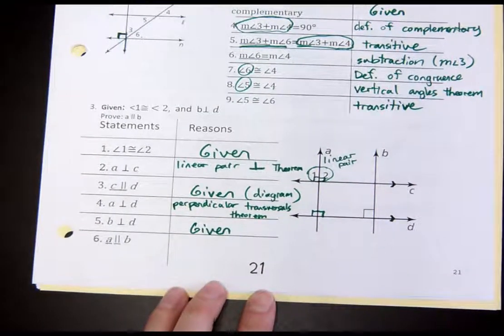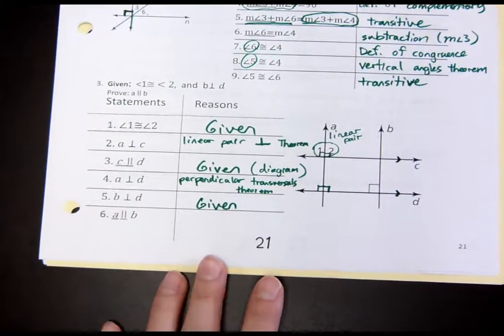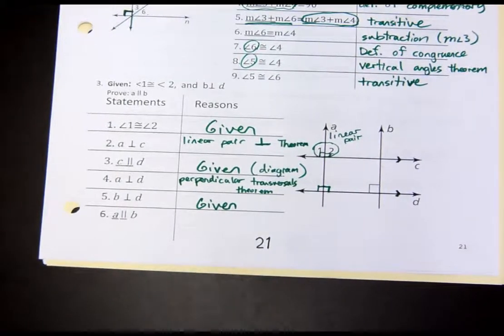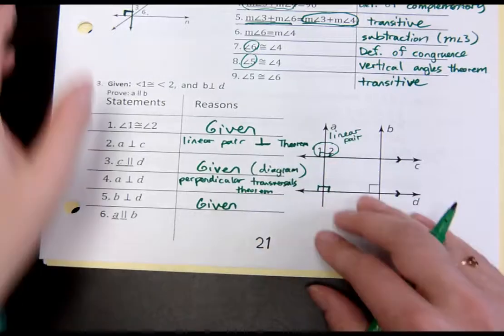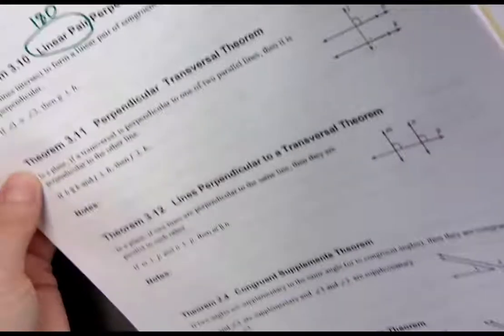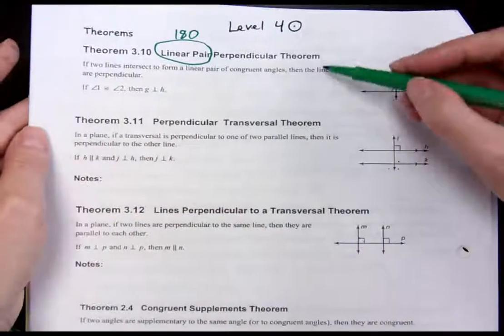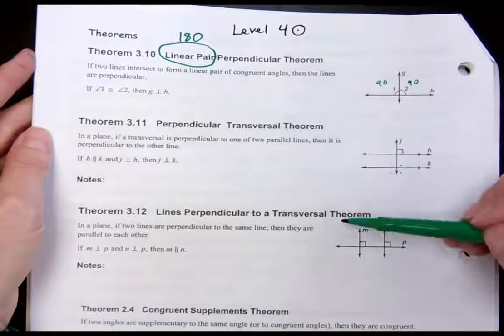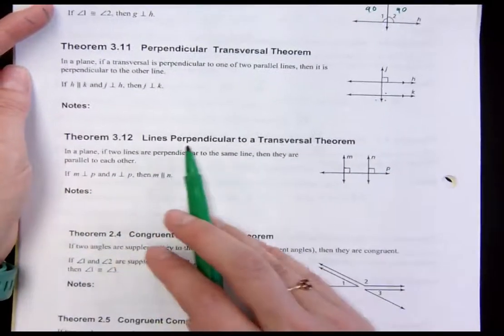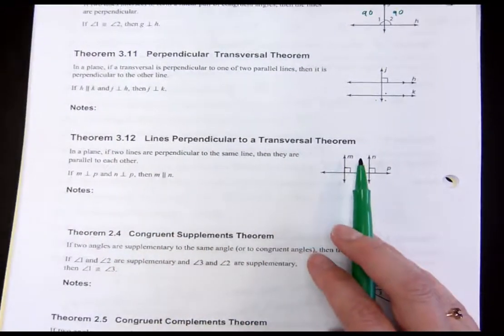And so, does A have to be parallel to B? Why? So that one is called, and I realized these weren't on your basic vocab list, but when we're dealing with perpendiculars, maybe we need to add these to your vocab list. But that's just your lines perpendicular to a transversal.